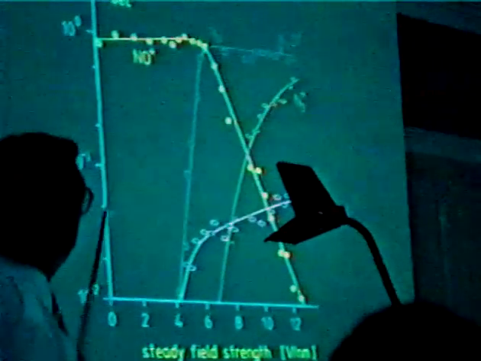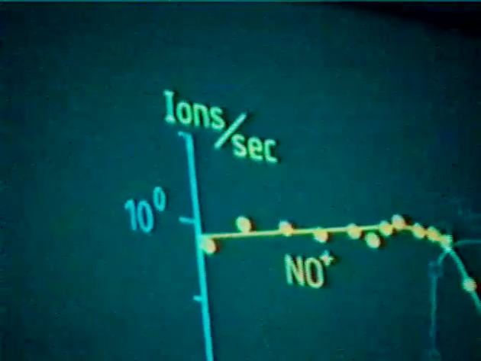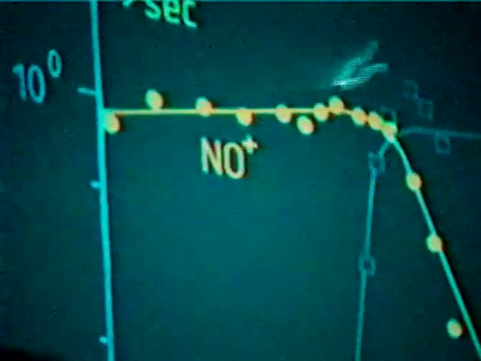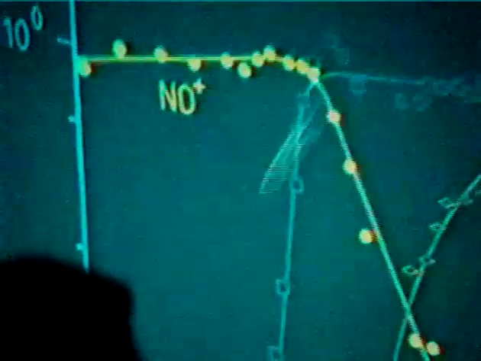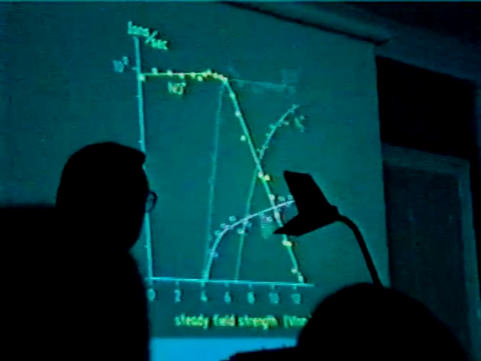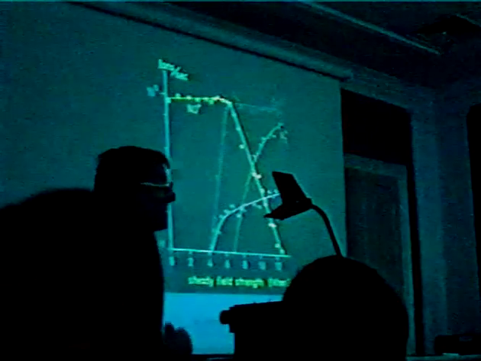You see the molecular adsorption of NO, left-hand side. The NO is getting unstable at a certain field strength, 0.4 volt per Angstrom, decomposes, and you can find N2O, nitrogen, and oxygen.